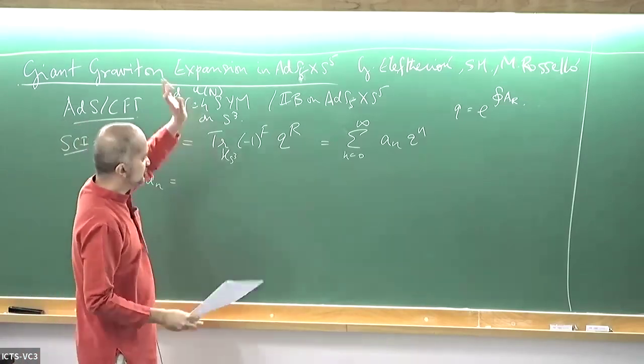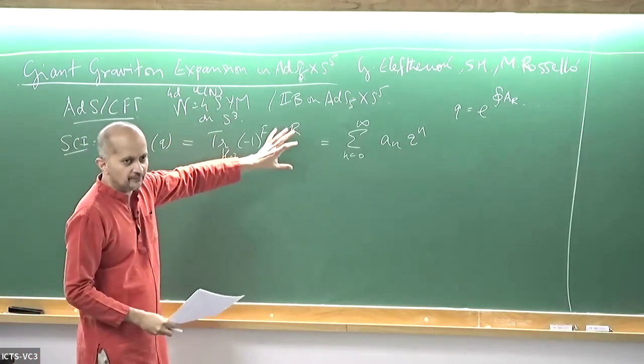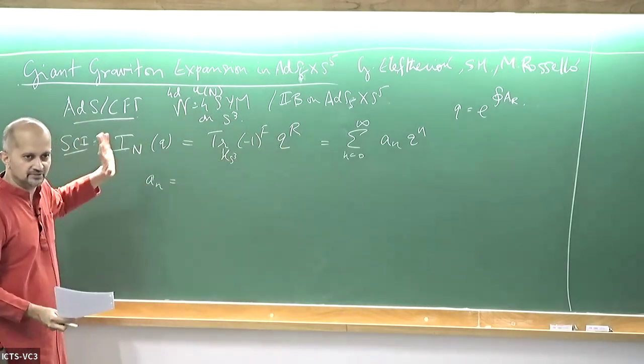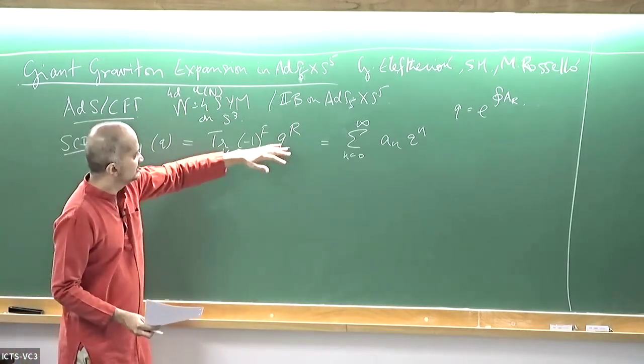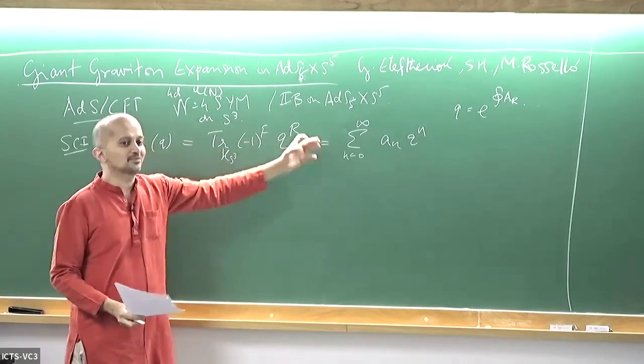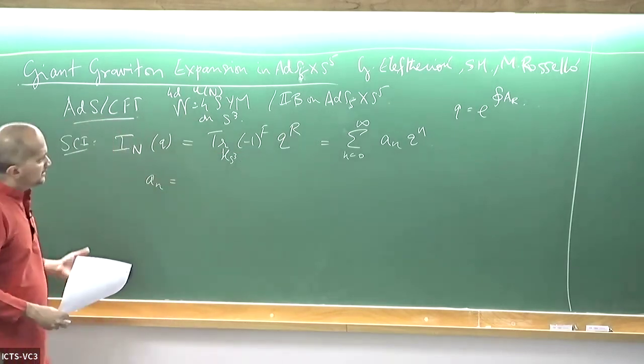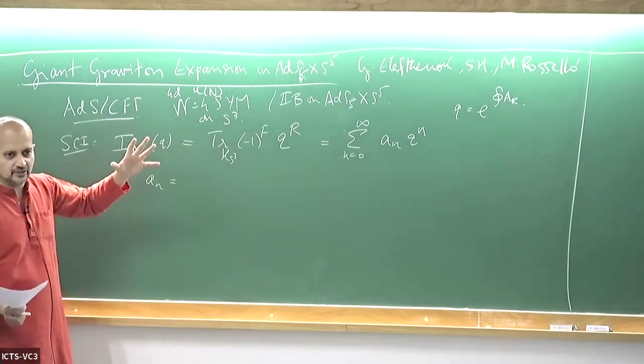Yeah, I'm being a little schematic. You can do this for all kinds of thermal type traces. You can even put multiple chemical potentials and multiple charges. Yes and no. That's the most general thing you can do.